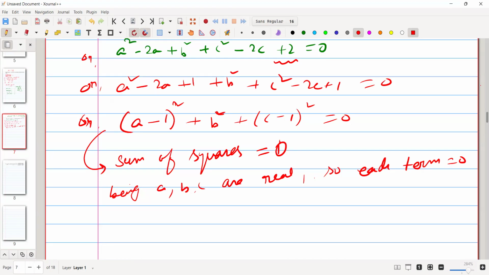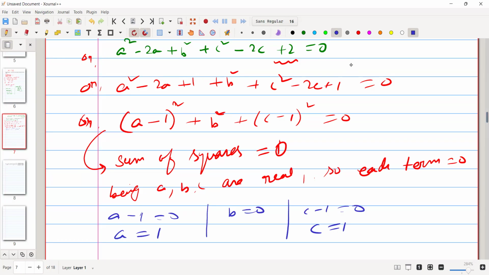So if we do that, we will have a minus 1 equal to 0, so a is equal to 1, and b is equal to 0, c minus 1 is equal to 0, so c is equal to 1. So now the values of a, b, and c are 1, 0, and 1.